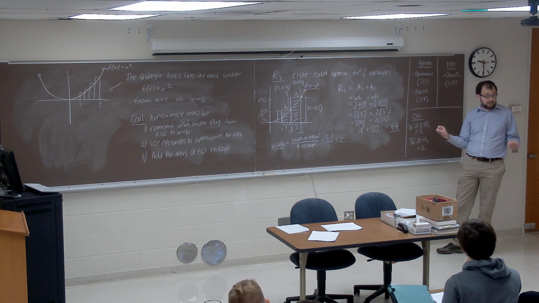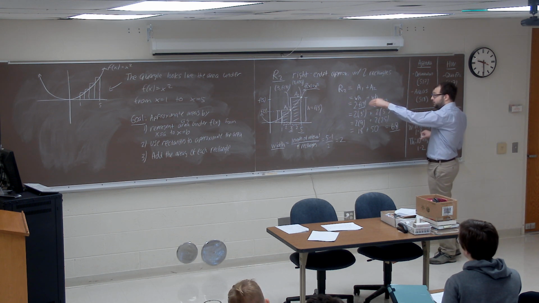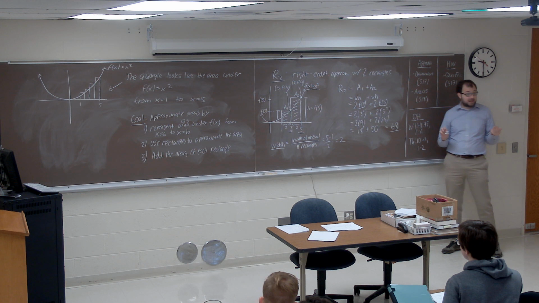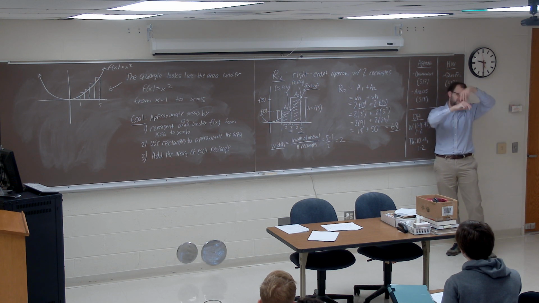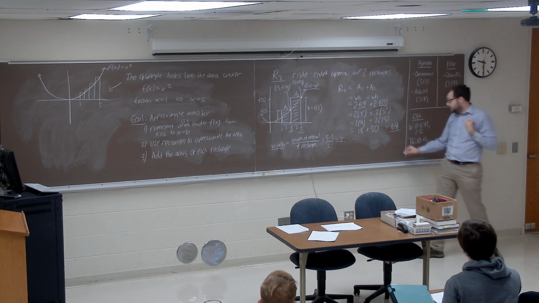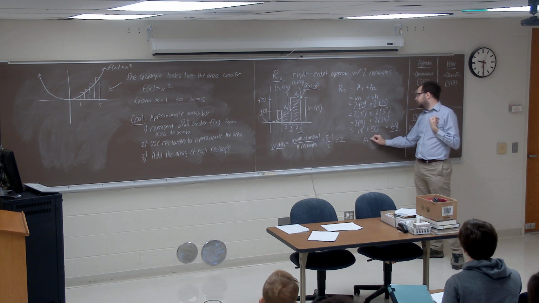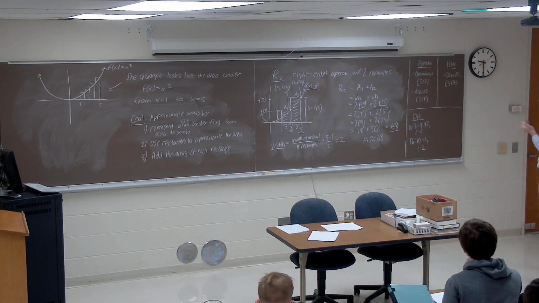Well, that's going to tell us that the area under the graph of f of x equals x squared from 1 to 5, and thus the area of our quartal, is approximately 68. If we added our two rectangles, that gives us 68 as their area.